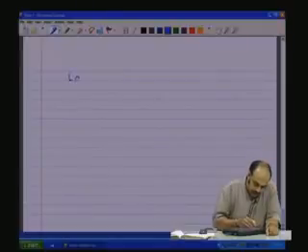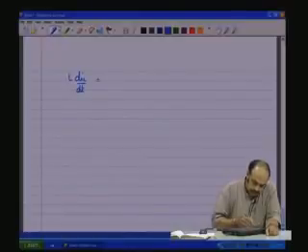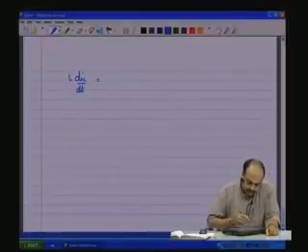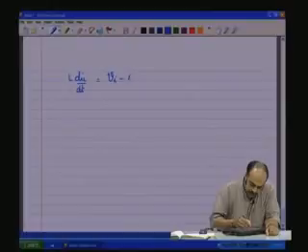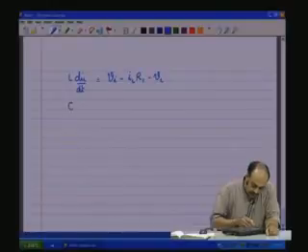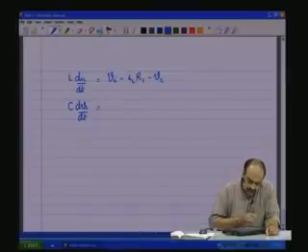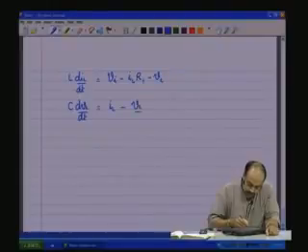L dIL by dt equals Vi minus IL R1 minus Vc, and the other equation C dVc by dt equals IL minus Vc by R2.